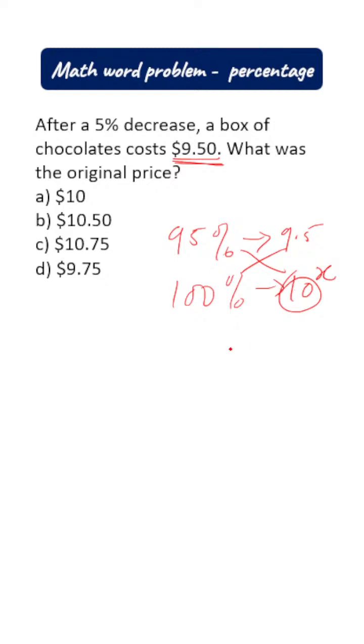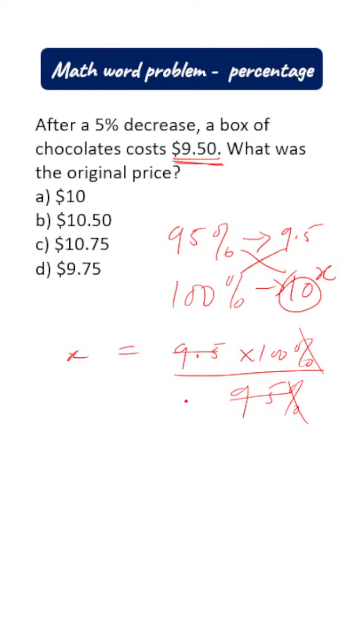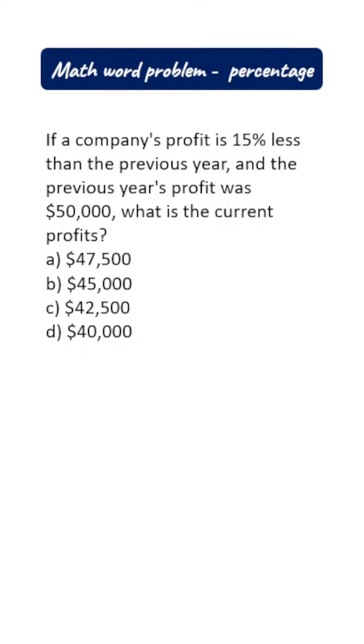I want to believe that a lot of us will know how to do that, but in case we don't, what I'm saying here is, if x is here, you say x equals 9.5 times 100% over 95%. Percent cancels percent. 95 divided by 9.5 gives you 10, and 100 divided by 10 also gives you 10. So x is equal to 10. We still arrive at the same answer.